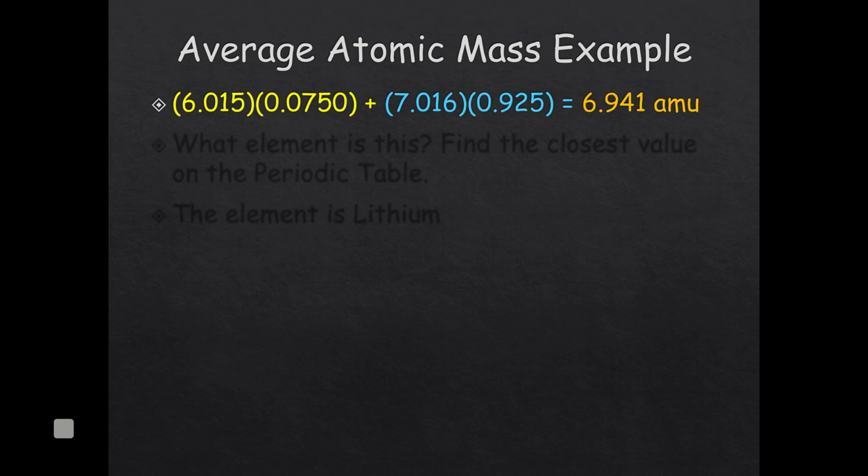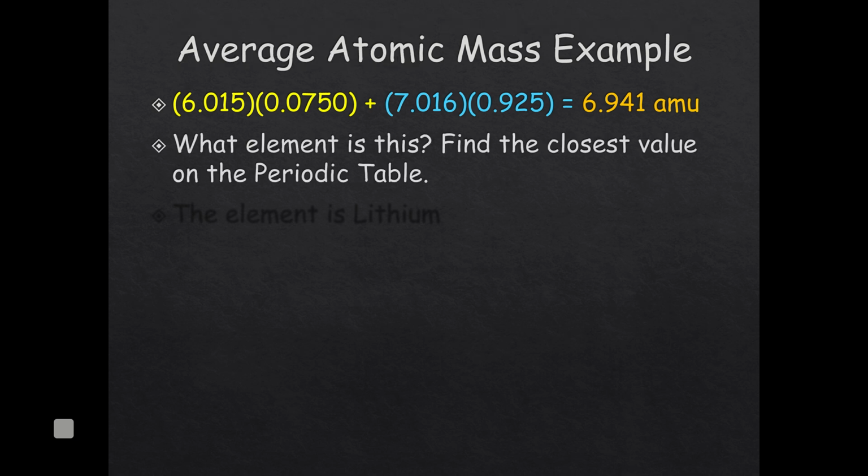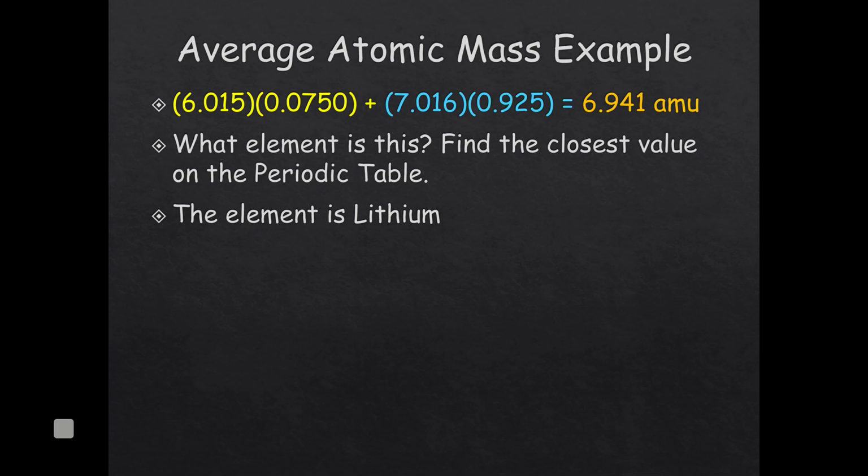You do 6.015 times 0.0750 plus 7.016 times 0.925, and the answer is 6.941. Okay? Yes, you could possibly figure out what element I'm talking about by which element has the closest value to that. You'd look at the average atomic mass at the bottom of the element box, and this one would be lithium. Okay? So let's do a couple more real quick.